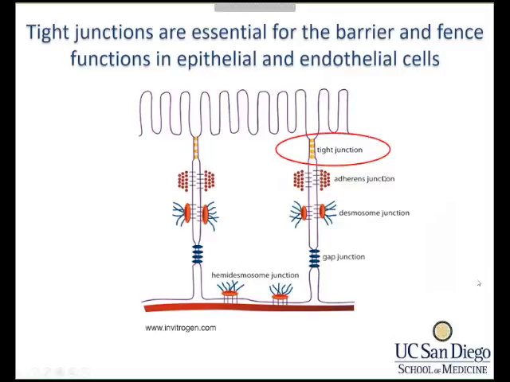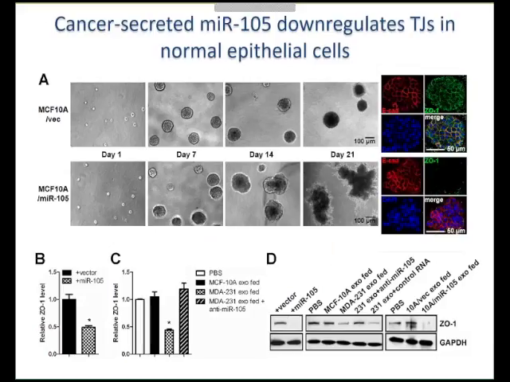And as a fence, the tight junctions also limit those proteins and molecules from one side of the monolayer from penetrating the monolayer and migrating to the other side. So as you could tell, it's very important because with leaky monolayers, one would expect more cancer cell migration through the blood vessels and epithelial layers, which would promote distant metastasis.